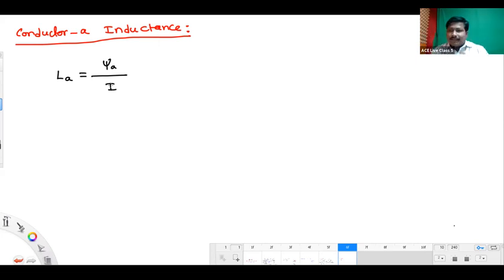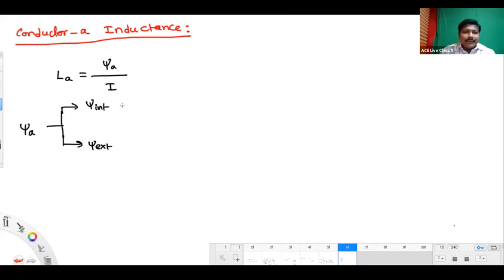Second one is external, occurring outside the conductor. So psi A is divided into two parts. First one, internal linkages. Second one will be external linkages.